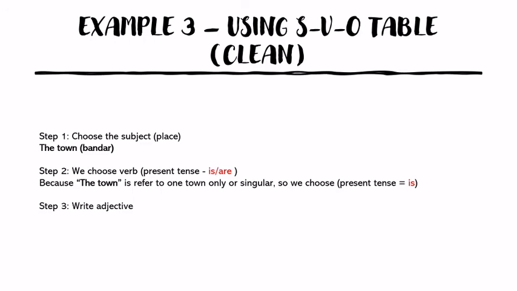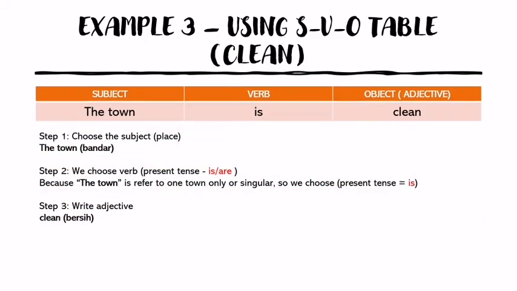Okay, step 3, we write adjective as example up there, clean. Okay, next, in this table we put in all the things from step 1, step 2 and step 3. There are the town is clean. So the sentence will be the town is clean.